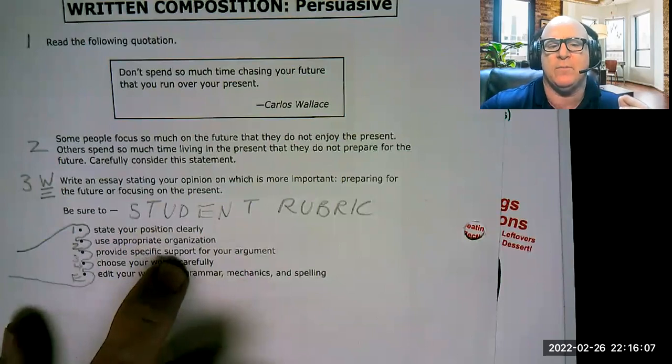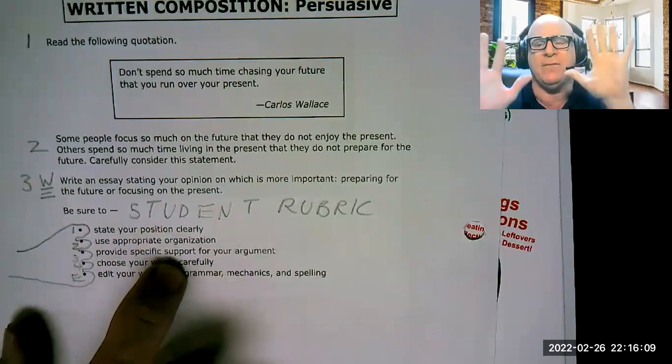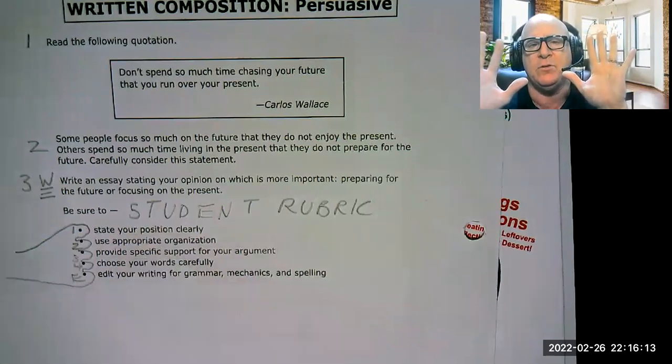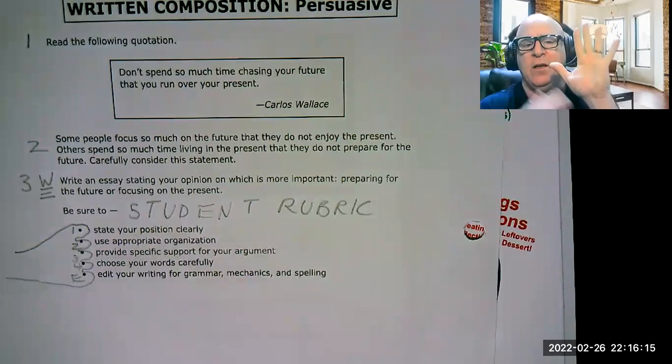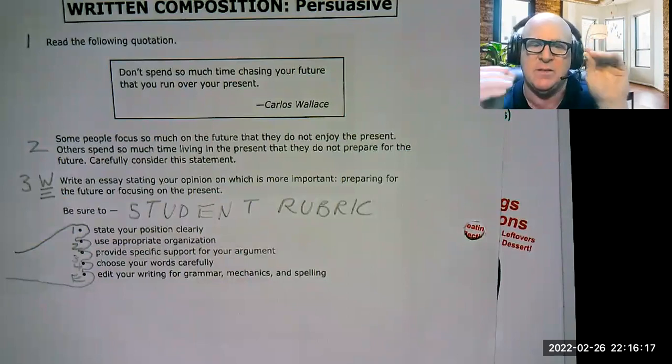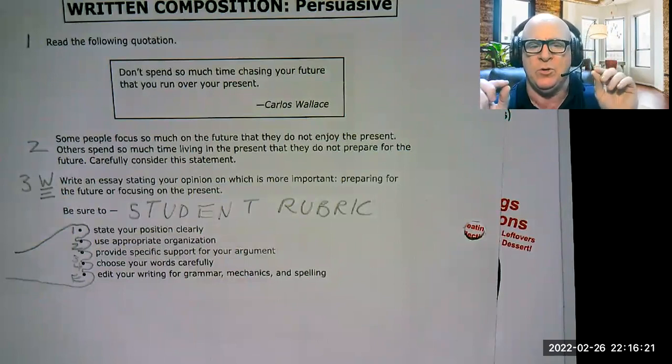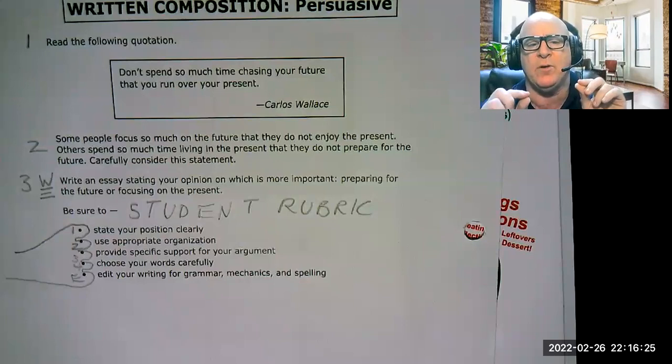So here's the problem. You could have 10 sentences for that reason or that example that you use. You could have 5, as long as the reader determines that whatever reason or example you give, you specifically support that reason or that argument with accurate details.